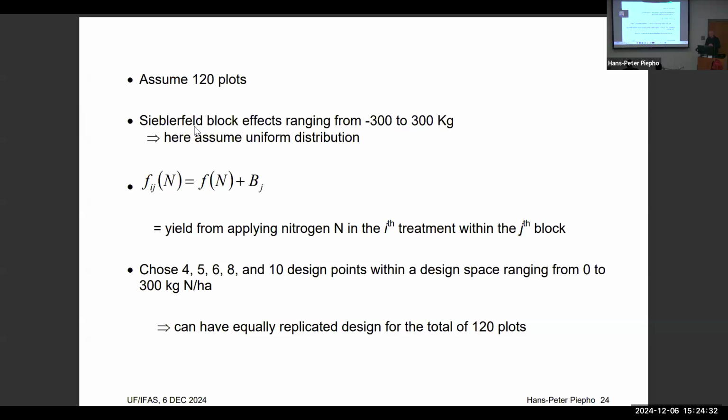And then we can determine which of those works best. Why did we choose those? Well, for illustration, it's nice because we can have equally replicated designs, meaning that each level of n has the same number of reps, because each of those divides 120. So if you have 120 plots and you have 4 levels, then you can do 30 reps. So that's a pretty large number of replications, of course.